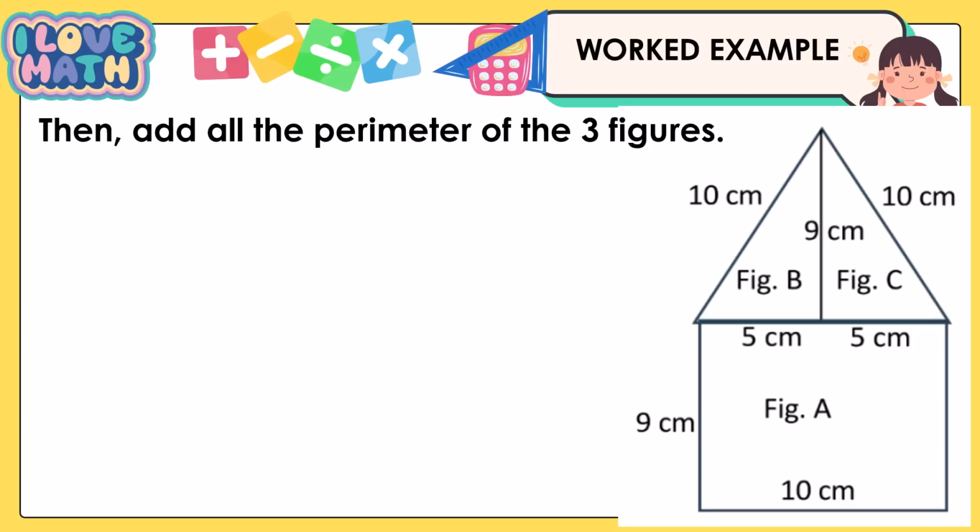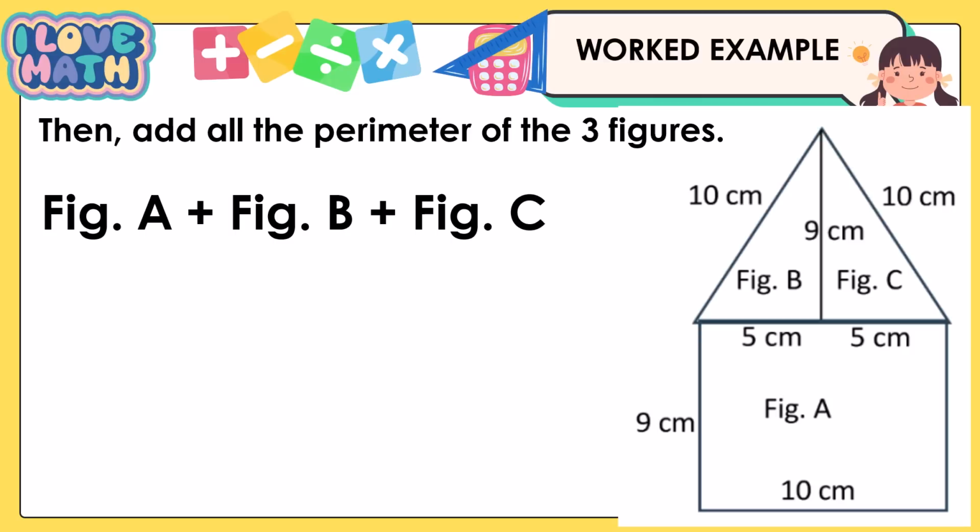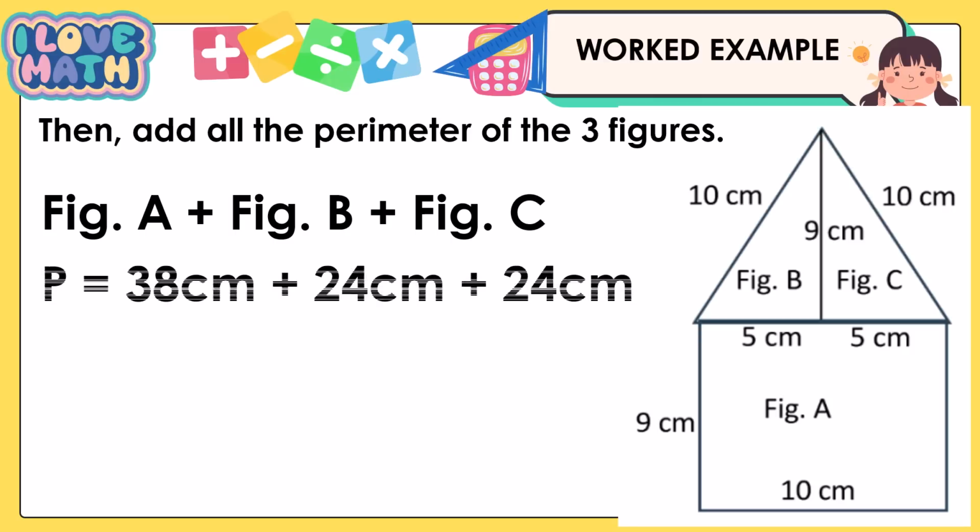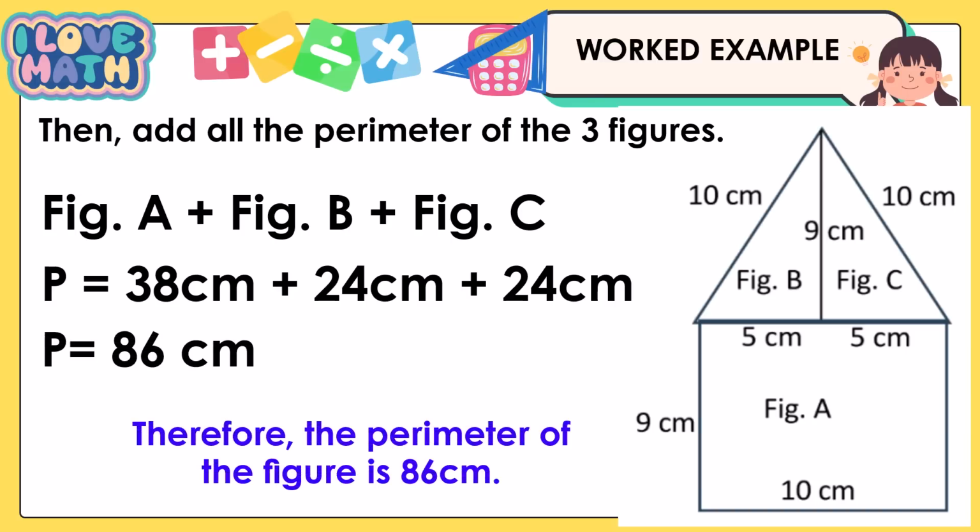Then, add all the perimeter of the three figures. Figure A plus figure B plus figure C. P equals 38 cm plus 24 cm plus 24 cm. P equals 86 cm. Therefore, the perimeter of the figure is 86 centimeters.